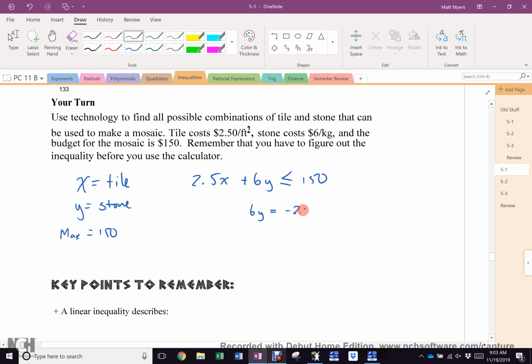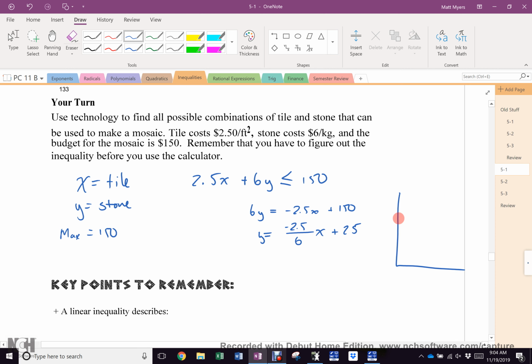Equals negative 2.5x plus 150. Y equals negative 2.5 over 6x plus 25, right? Easy peasy, yeah?